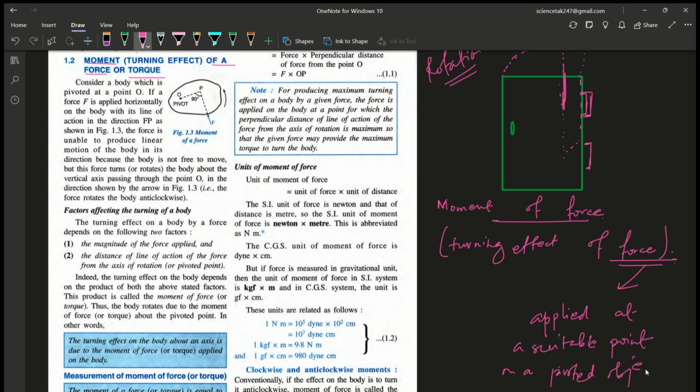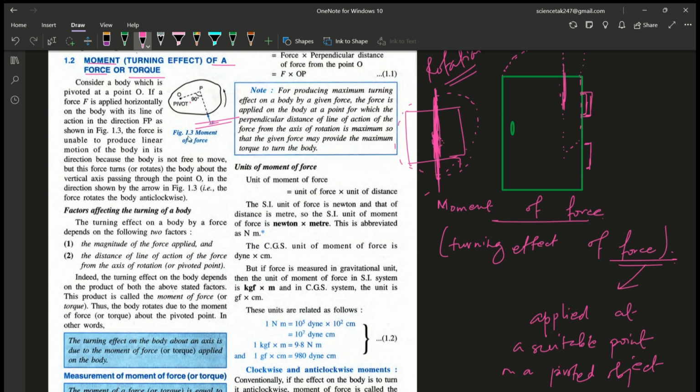Now, let's do a fun activity here, students. Let's just take a notebook and balance it on your finger. Now your finger is going to serve as a perpendicular axis to your notebook. And if you apply a force this way, your notebook is going to rotate about your finger. The same is the case shown in figure 1.3.